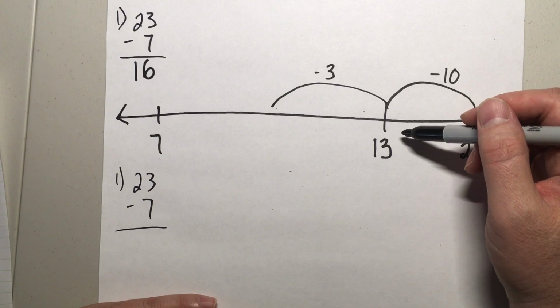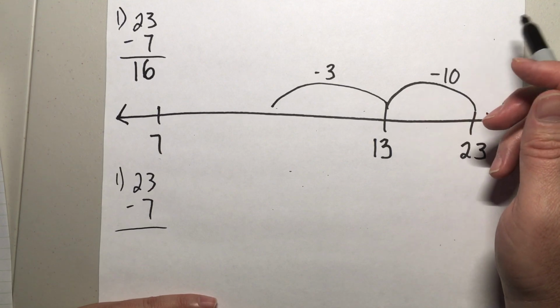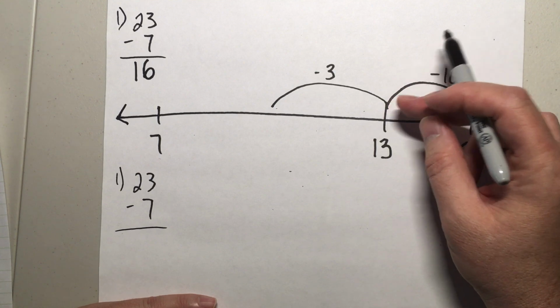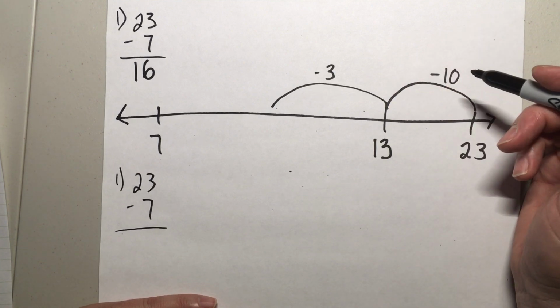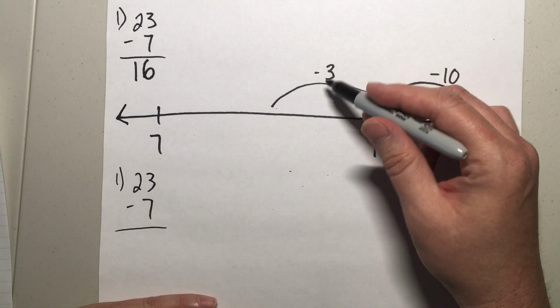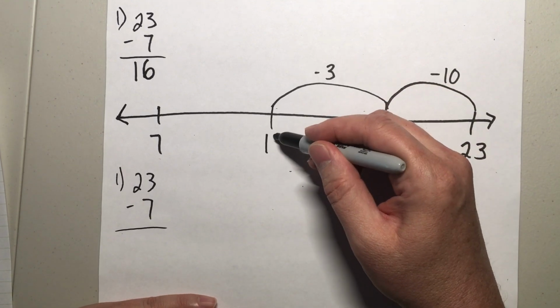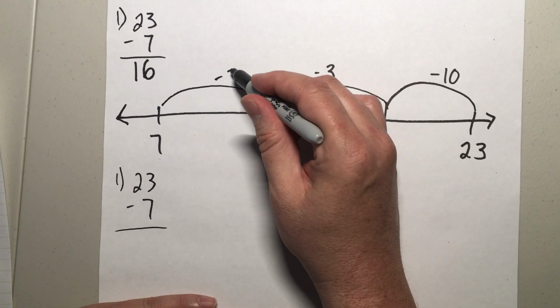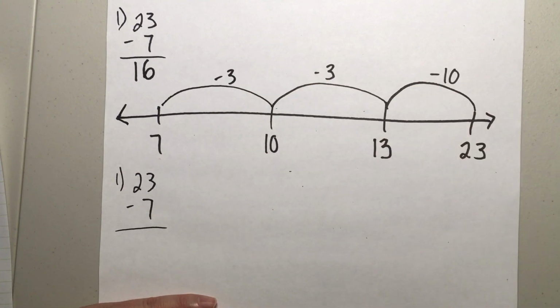At first they want the size of the jumps to indicate how much the value of the jump is, but it's really not that important for this practice. So 13 minus 3 is 10. And now I just want to take another 3 away. And now I'm at 7.